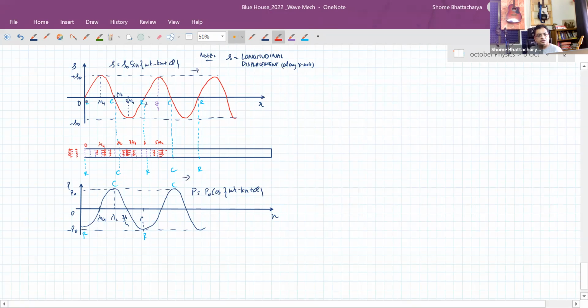So after some time, the displacement wave would have moved like this. So corresponding the pressure wave also would have moved like this.